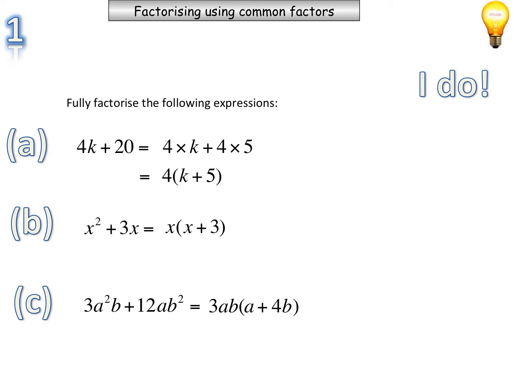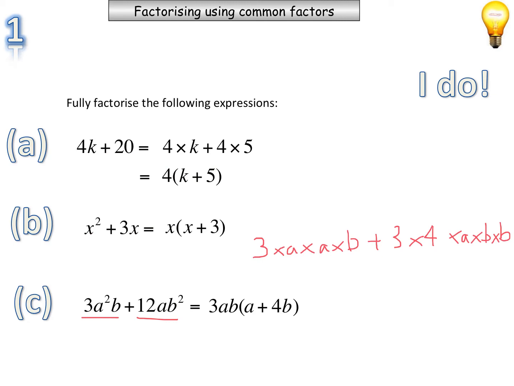And part C, we've got 3a squared b plus 12ab squared. The first one is the same as 3 times a times a times b. And the second expression is 3 times 4 times a times b times b.